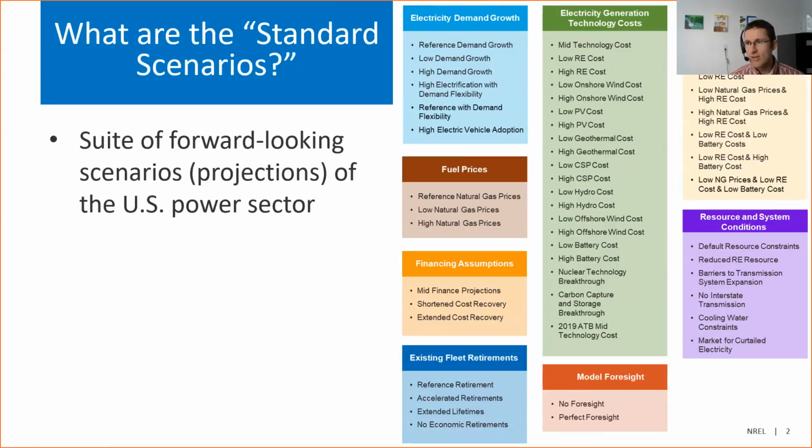For example, this year we have a new high electrification scenario, because the electrification futures work happening at NREL is wrapping up, and we're able to roll those high electrification scenarios into our work. The standard scenarios are a range of forward-looking scenarios or projections of the U.S. electricity sector that help inform decision making.